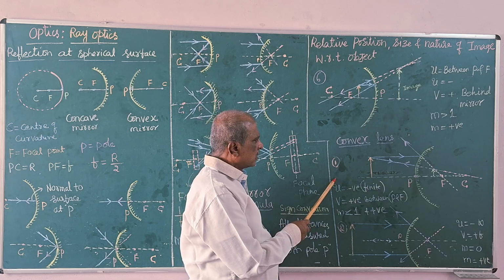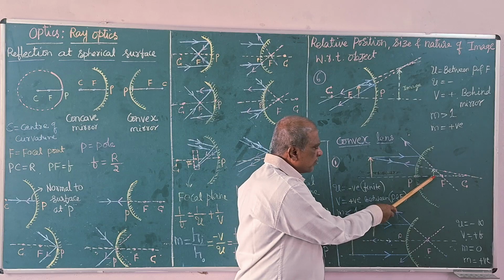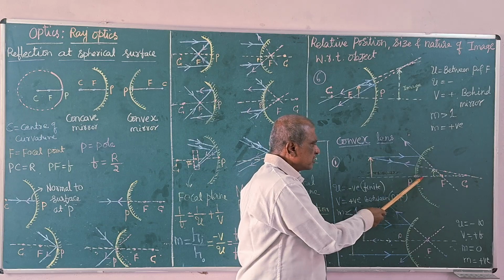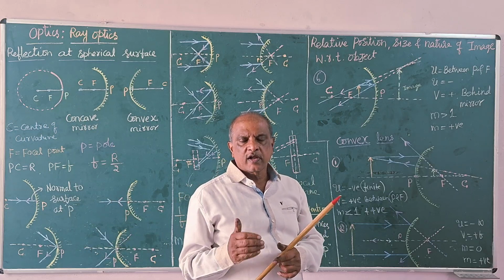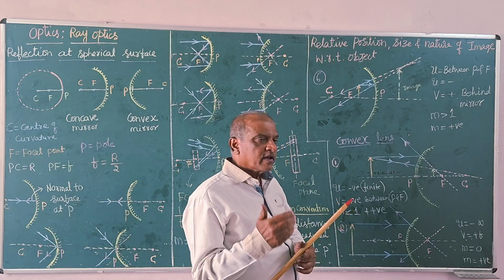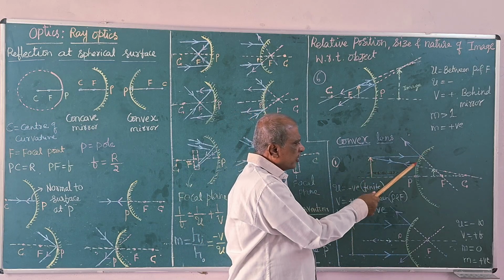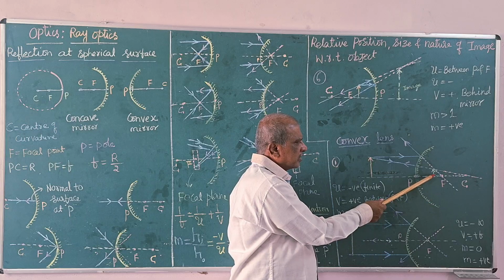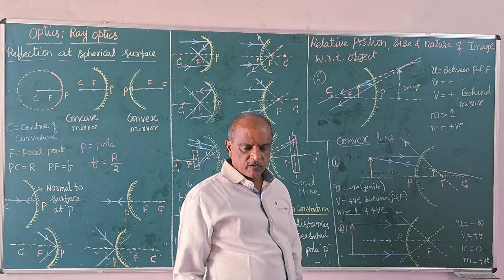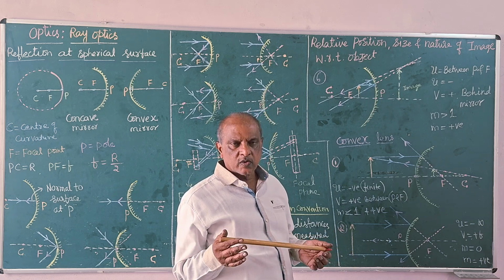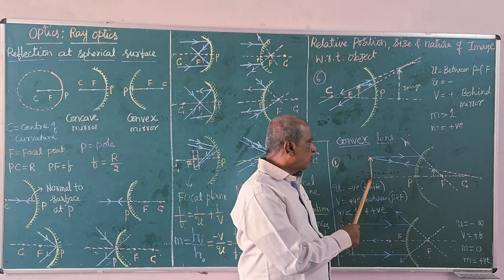And that entire area is viewed as a diminished image between P and F, a wider field of view. It will capture a wider field of view and it is seen as a diminished and erect image behind the mirror. That view is similar to a panoramic view.